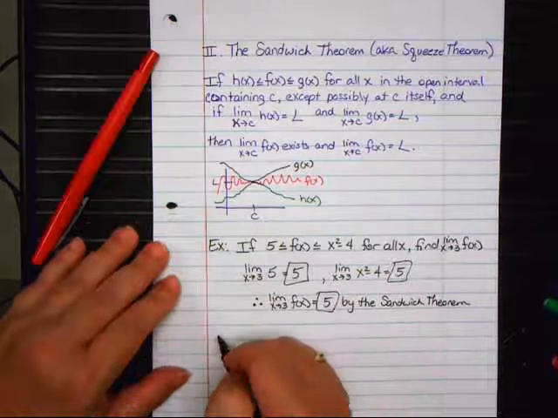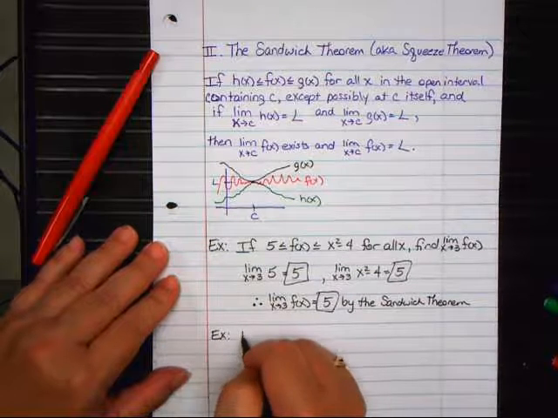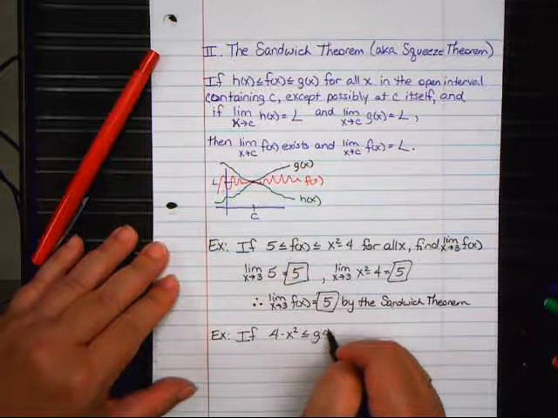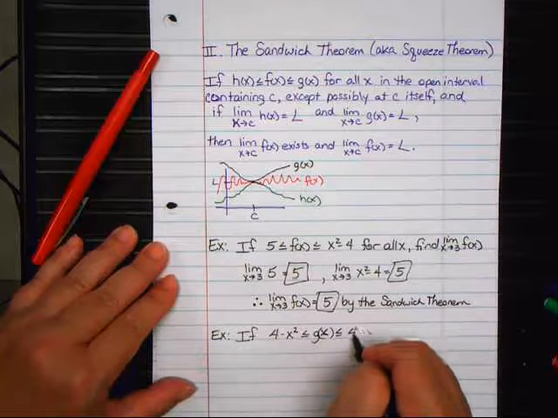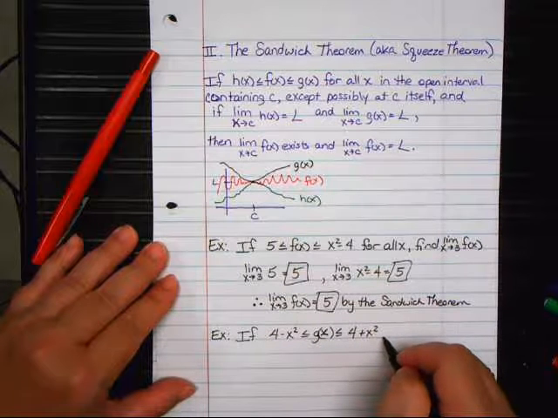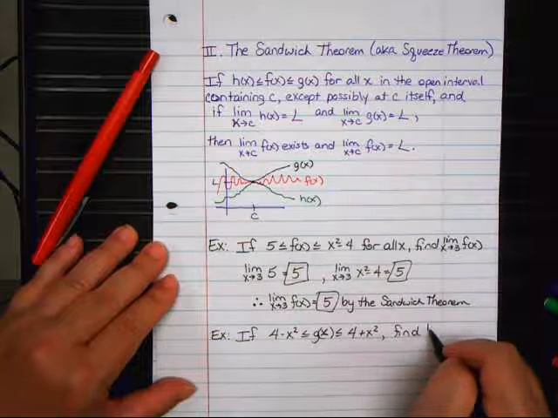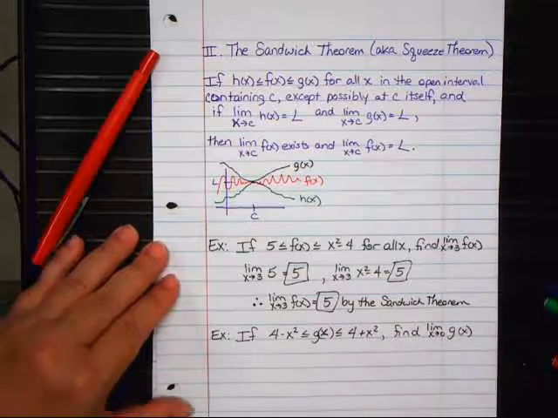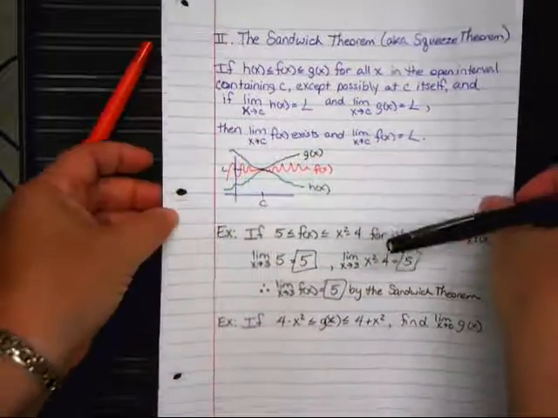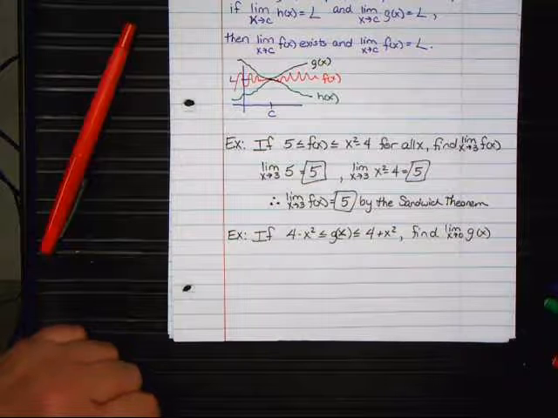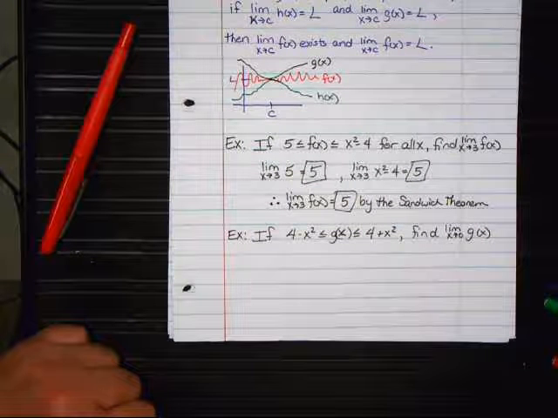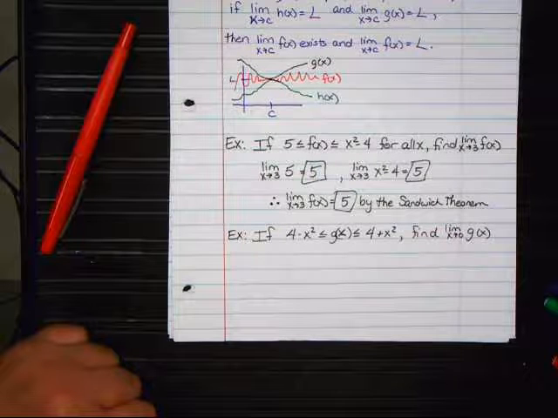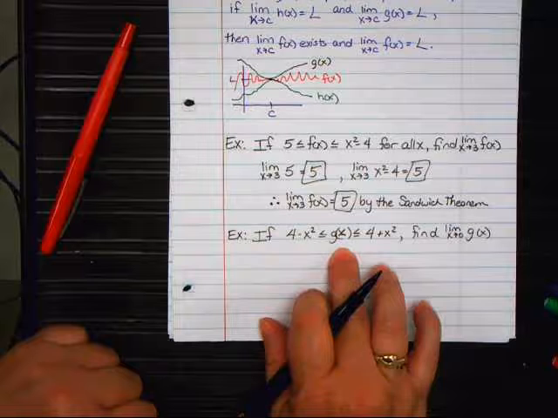Okay? Let's do another one. If 4 minus x squared is less than or equal to g of x, is less than or equal to 4 plus x squared, find the limit as x approaches 0 of g of x. G of x is sandwiched in here.